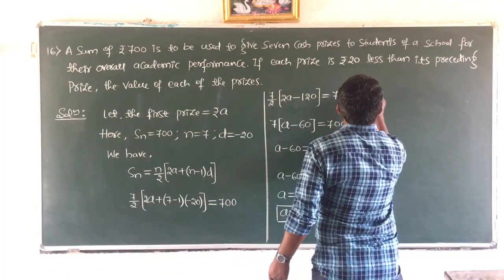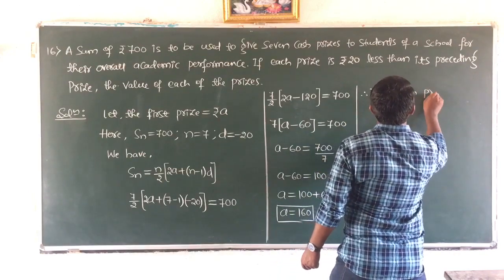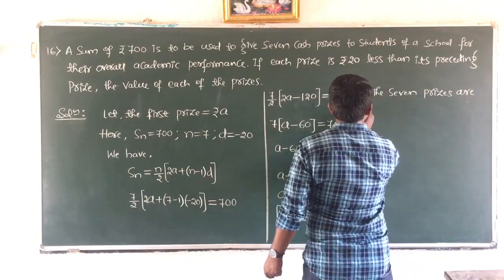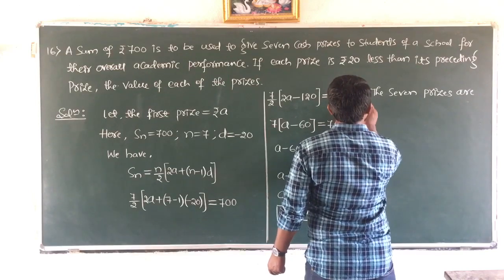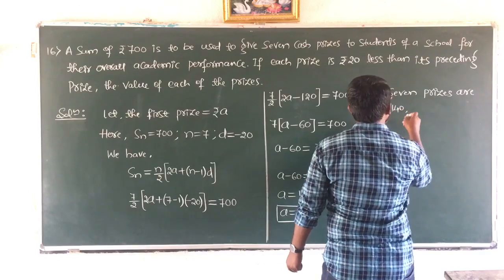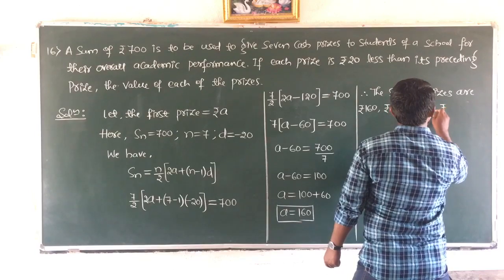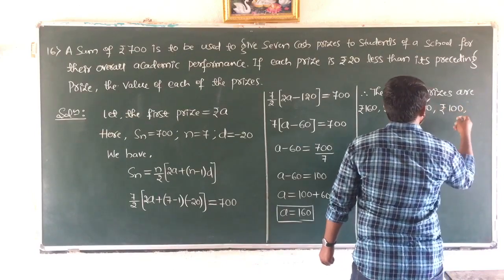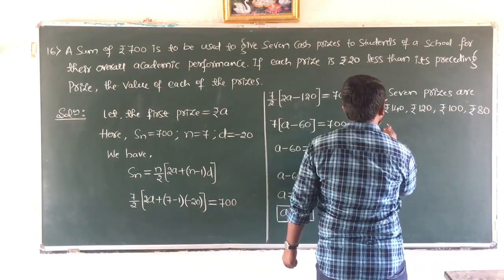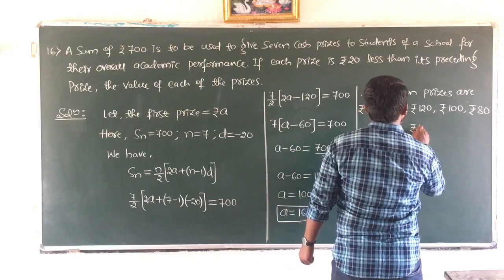Therefore, the 7 prizes are 160 rupees, then 140 rupees, then 120 rupees, then 100 rupees, then 80 rupees, then 60 rupees, then 40 rupees.